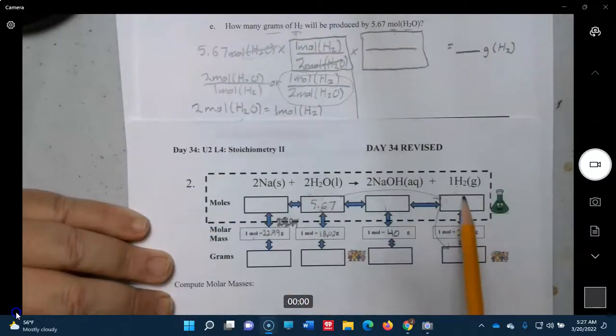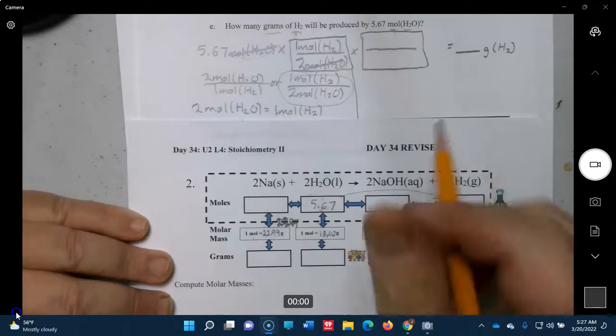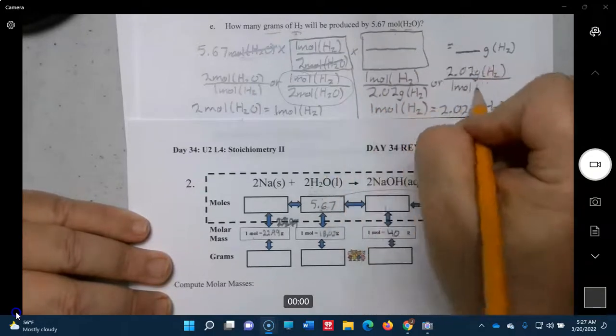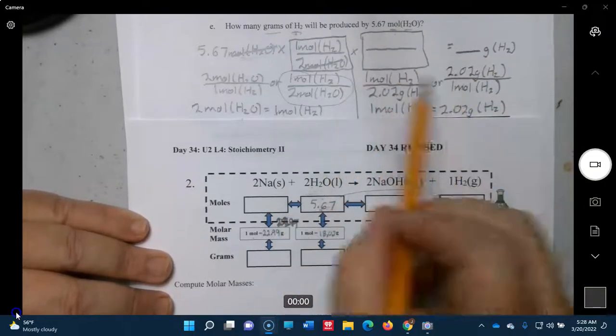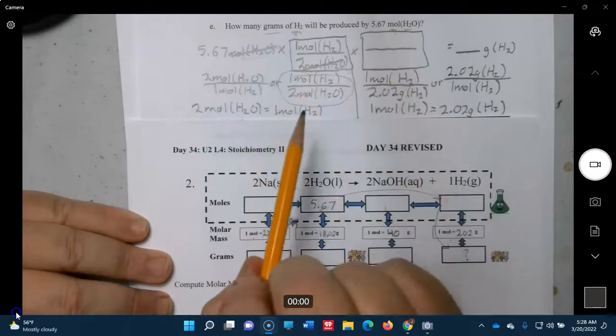Now we need to get from moles of H2 out to the grams for our final answer. You use the molar mass, just use the box that's in between those two, which is this one right here. 1 mole H2 equals 2.02 grams of H2. You have moles of H2 on the top here, so moles of H2 has to go on the bottom there.